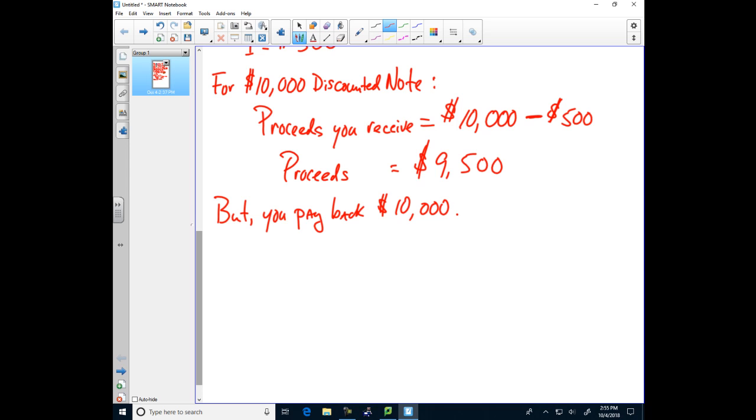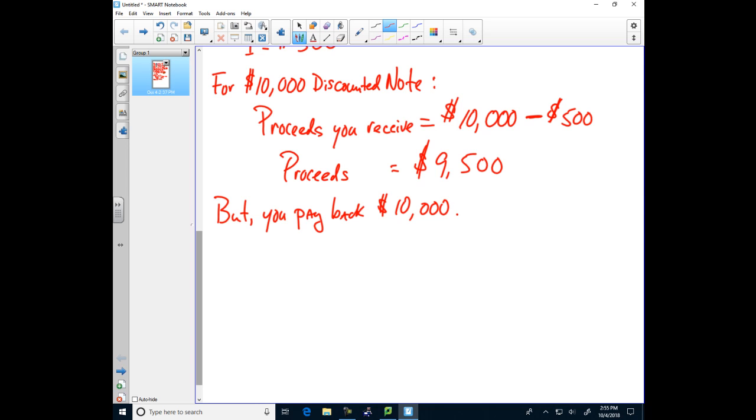Now the good news is, I guess, if you're the consumer, in the last chapter, you would have to say, I borrowed $10,000 and the interest was 5% for a year. I got to add that on, so my maturity value is yada, yada, yada. And you might get surprised because you might have forgotten all about the interest. This way, with a discount note, you borrow $10,000, that's what you pay back.